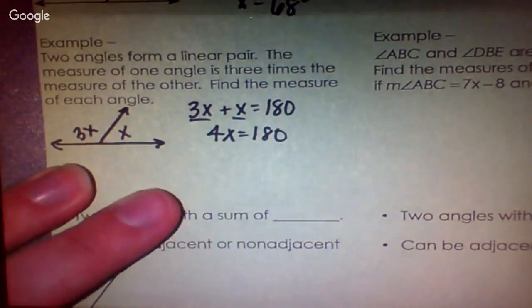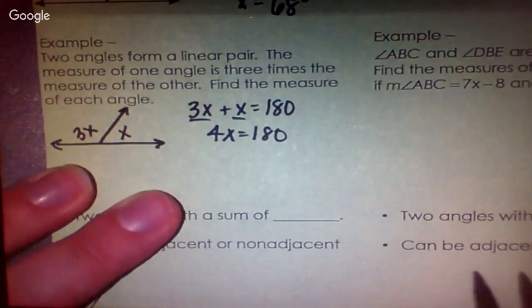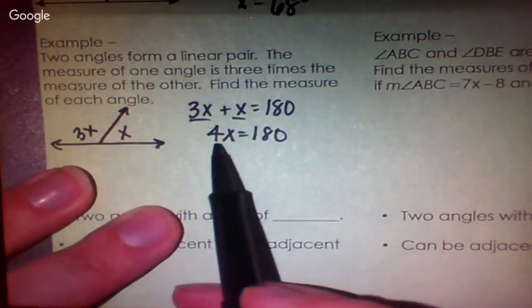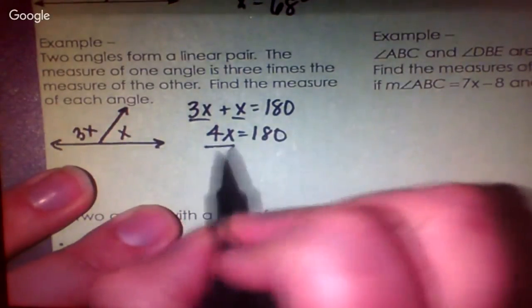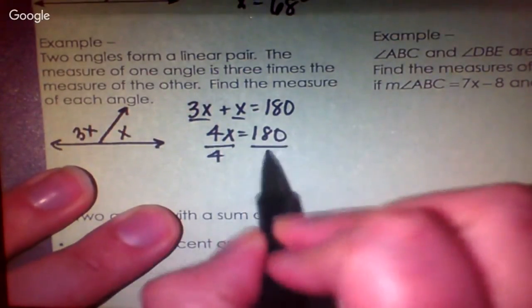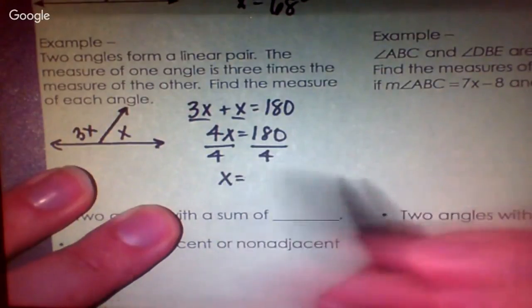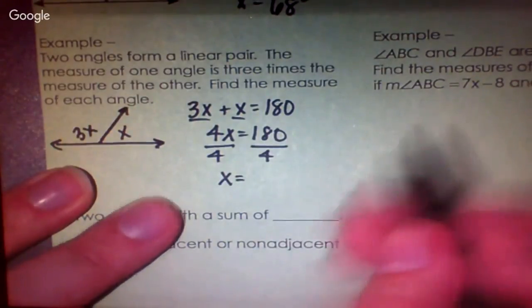Now, Stefan, how do I get x by itself? How do I get rid of this 4? Divide it. Fantastic. You get what? 45.